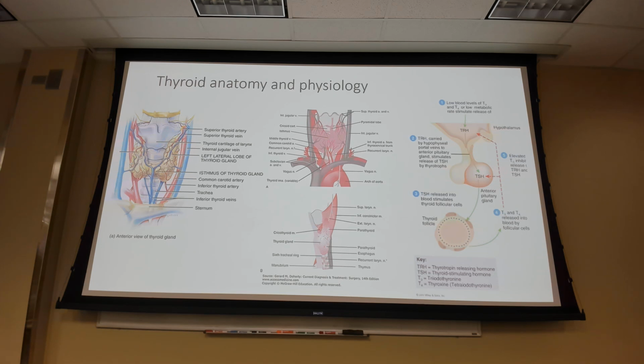But what's nice about the thyroid is we have an easy test we can measure with it called our TSH. So our pituitary responds to the TSH. Basically, we have a negative feedback loop here. The TSH is the major stimulus for the thyroid gland to produce T3 and T4.